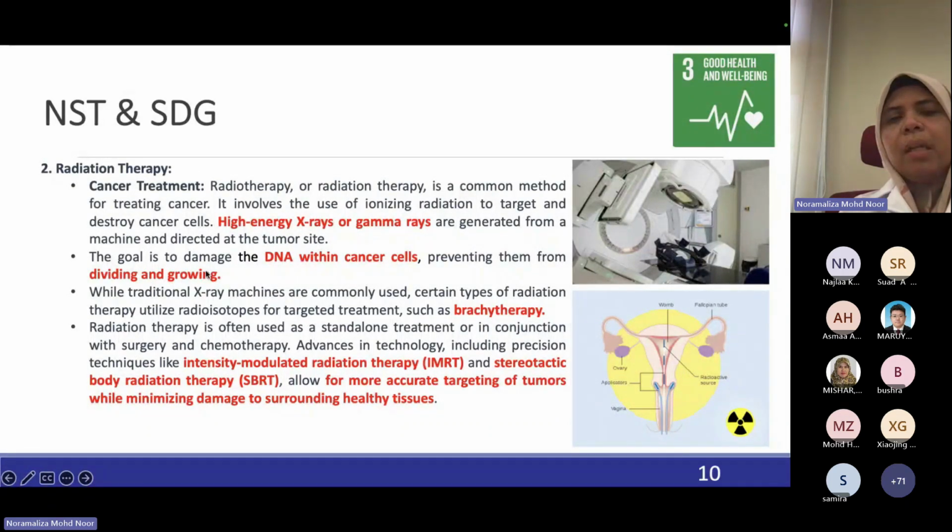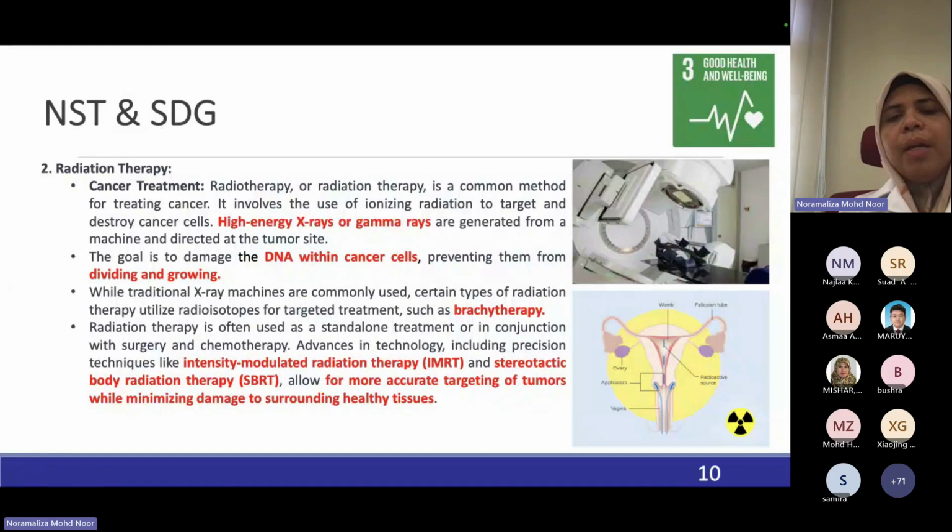So in radiation therapy, sometimes we divide it into two types, external beam and internal. For the external beam, it usually involves the use of a linear accelerator, and there have been lots of advancements in technology using the linear accelerator, including IMRT, intensity modulated radiation therapy, and stereotactic body radiation therapy, SBRT, which allow more accurate targeting of the tumor while minimizing the damage to the surrounding healthy tissue.